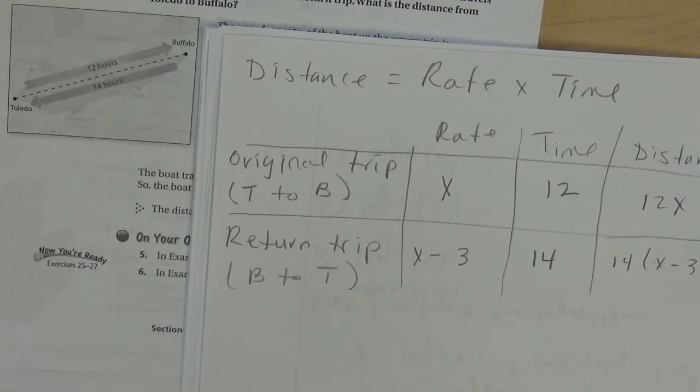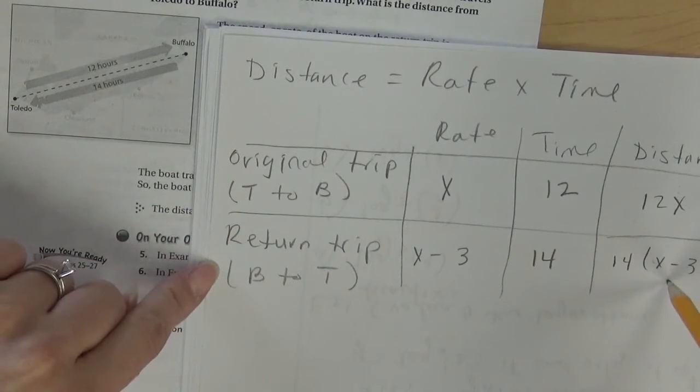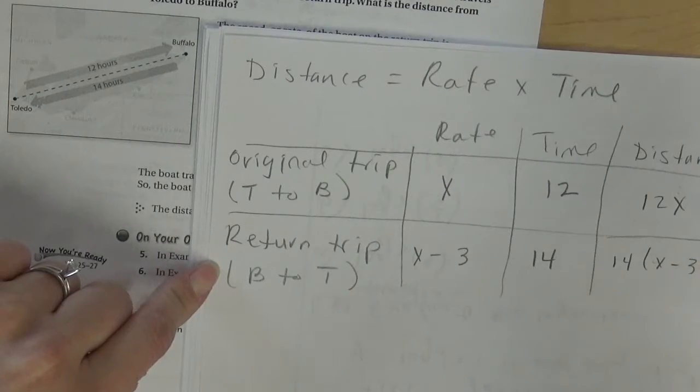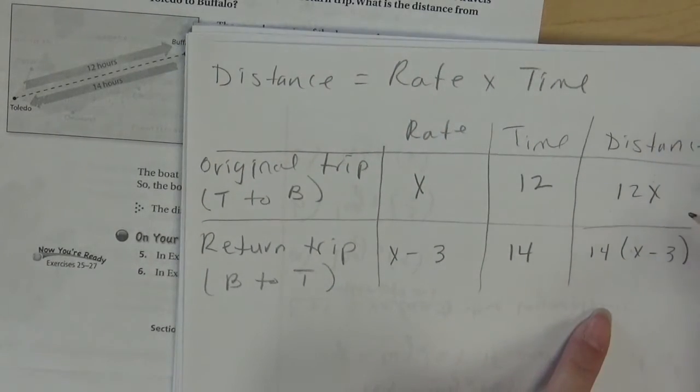Now, to get an equation set up for this problem, think about the 2 trips. You're going Toledo to Buffalo, and then Buffalo to Toledo. It's the same distance both times. So the distance for the original trip is equal to the distance for the return trip, and we can set up an equation where this distance equals this distance.